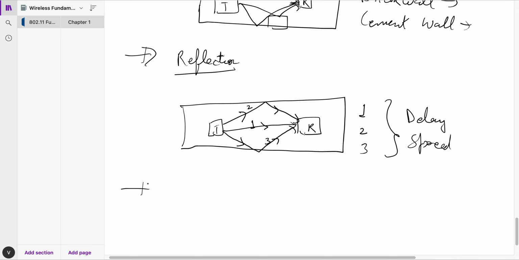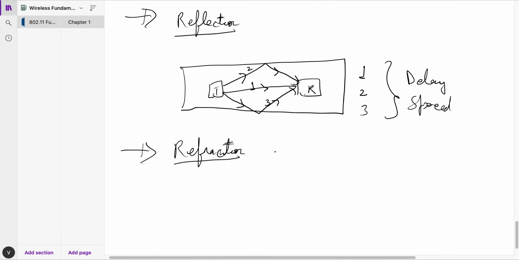There's something called refraction. Now, refraction is nothing but bending of the RF signal.